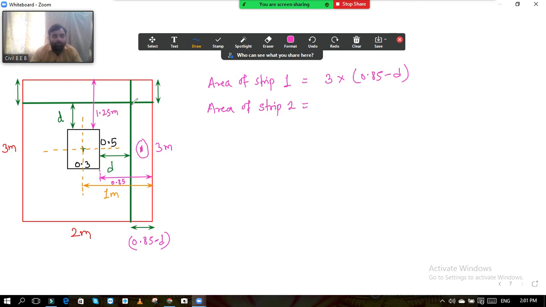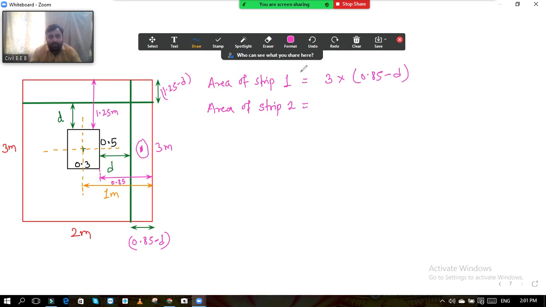But I don't want that distance. What distance I want? I want only this much of distance. एवढं distance पाहिजे मला हे. So if this total is 1.25, this is d. So this remaining distance will be, how much it is? It is 1.25 minus d. Okay, 1.25 minus d.